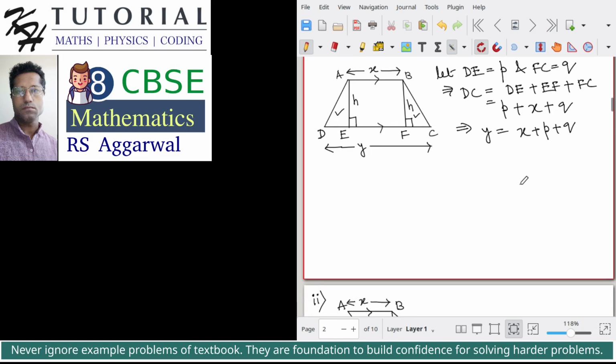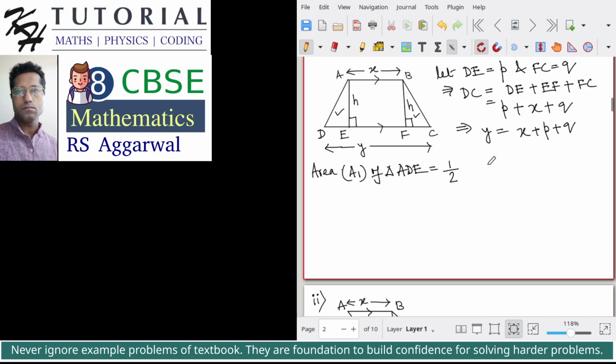Now what is the area of triangle ADE? Let's say the area A1 of triangle ADE will be equal to, we know that the area of a triangle is half into base into height.